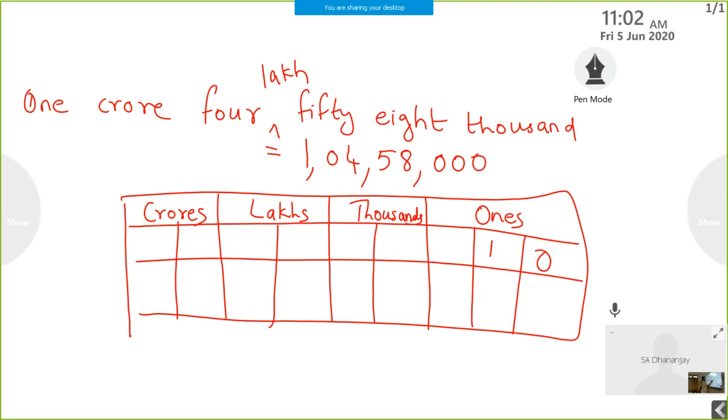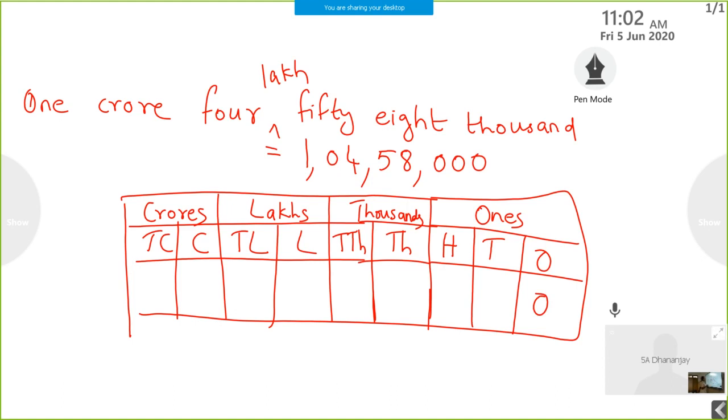So it is ones period, tens, hundreds, thousands, 10,000s, lakhs, 10 lakhs, crores and 10 crores. The number is 1 crore 4 lakh 58,000. We have to represent 0 in the ones place from the right end.